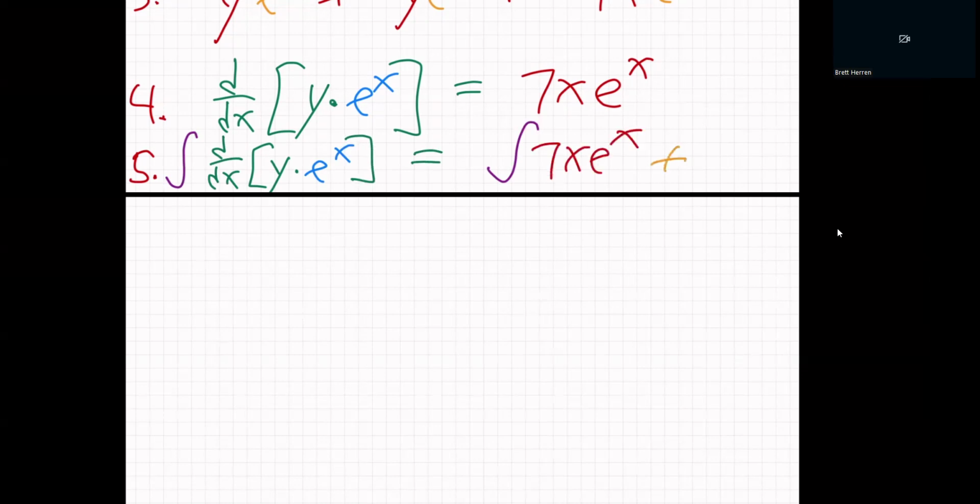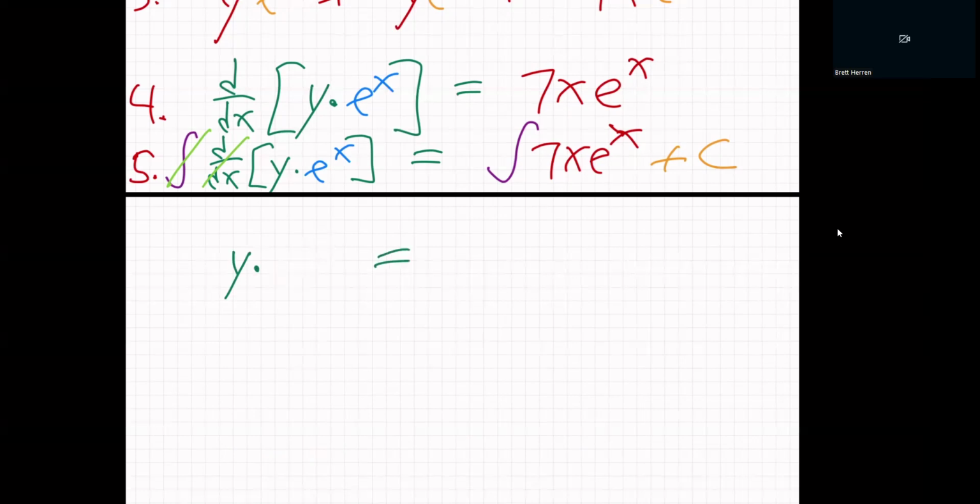And of course, we add a plus constant whenever we bring in an integral on both sides. Now, see what happens over here? Something really nice. The integral and the derivative cancel because they're opposites, right? Integrals and derivatives are opposites. So that just drops down the y e to the x unchanged.